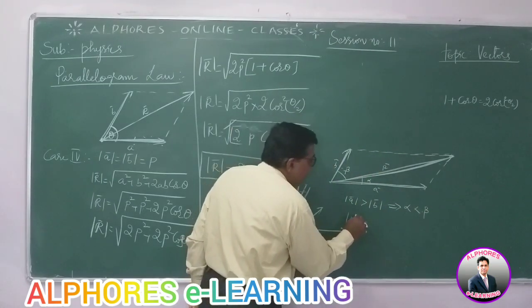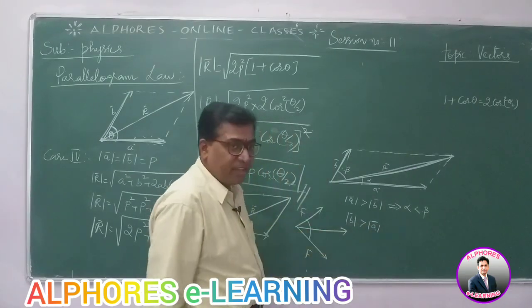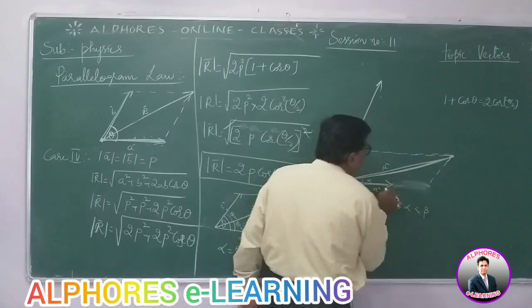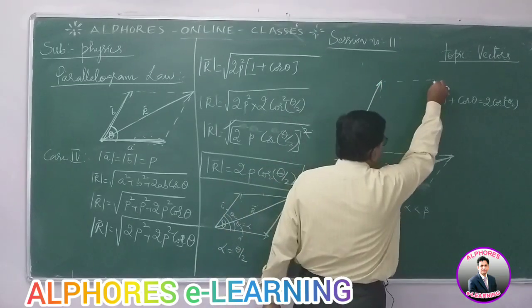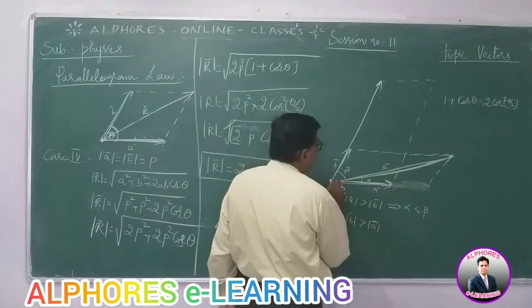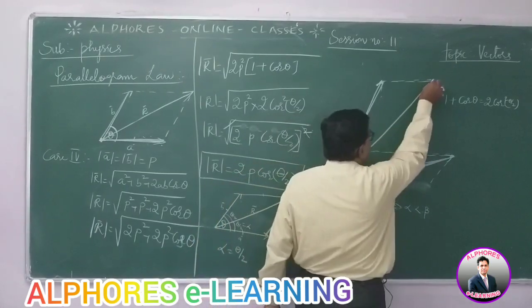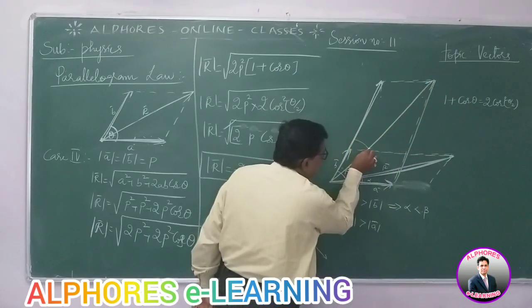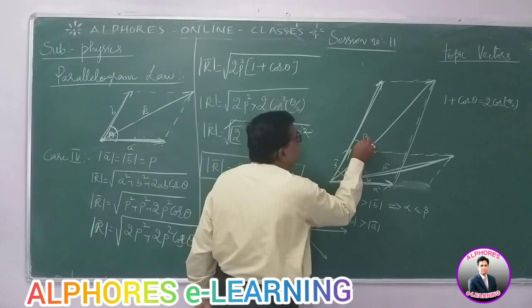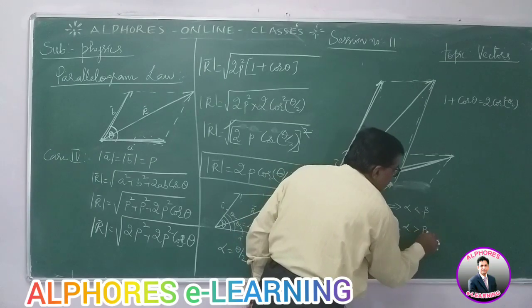Similarly, suppose mod B is greater than mod A, or A less than B. So B is of more magnitude, A of less magnitude. Now the parallelogram will be like this. Now the resultant will be this way, where the angle with B is less and the angle with A is more. So beta is less, alpha is more. This implies alpha is more than beta.